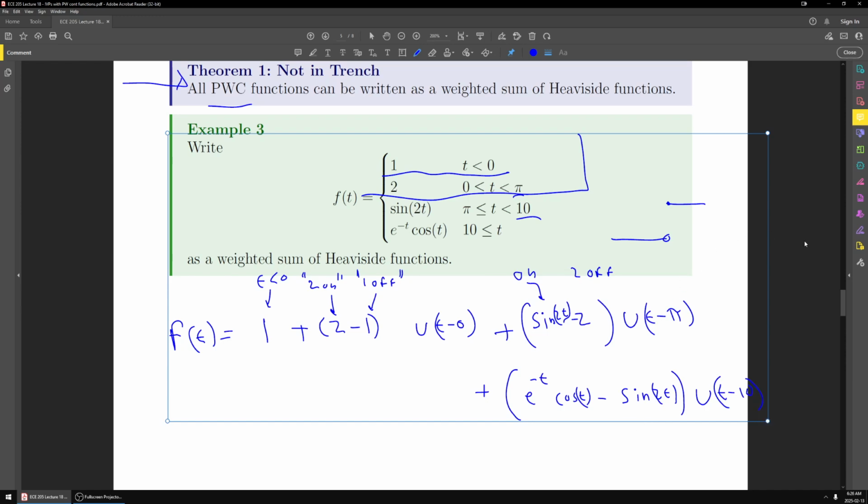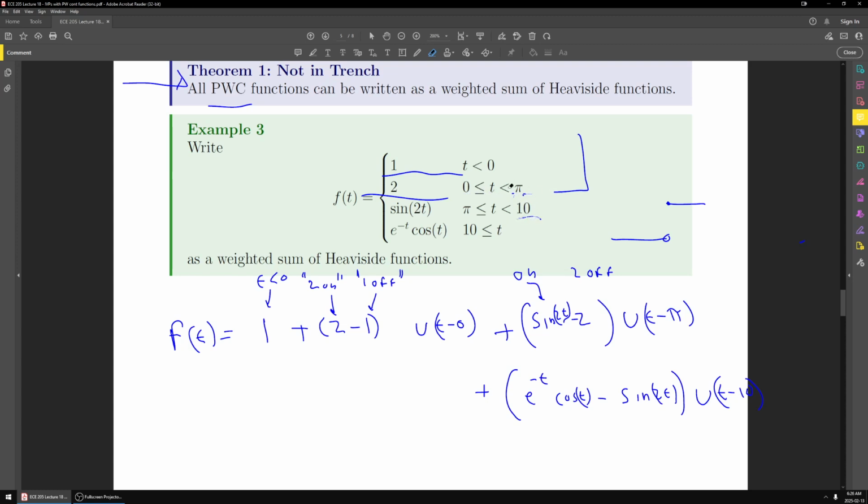Okay. Now, in terms of this breakdown, one issue you might see is that here I designed the question in such a way that these inequalities were all compatible with the way that we wrote the Heaviside function, right? But you could say, well, what if I were to change this inequality here to be not equals and this is the equals case? Then technically this doesn't work because I'm missing a point.